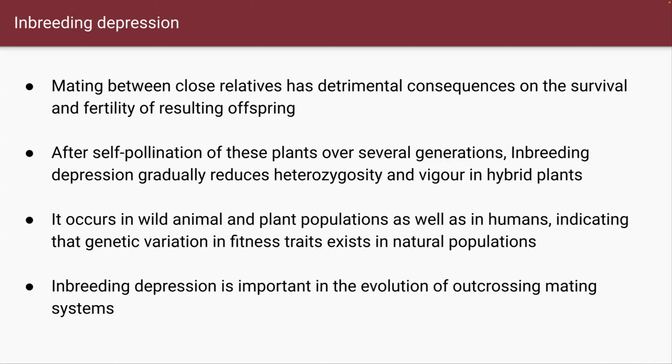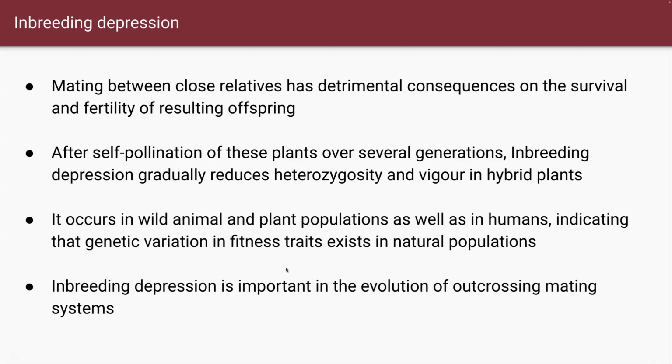We collectively call this inbreeding depression, right? Mating between close relatives has a detrimental consequence on the survival and fertility of the resulting offspring. And this is also an example from Charles Darwin's experiments.